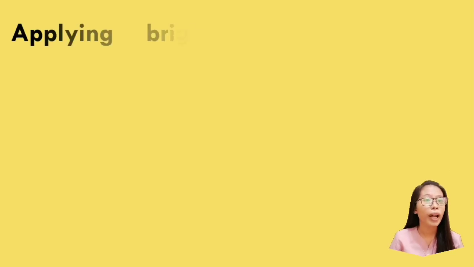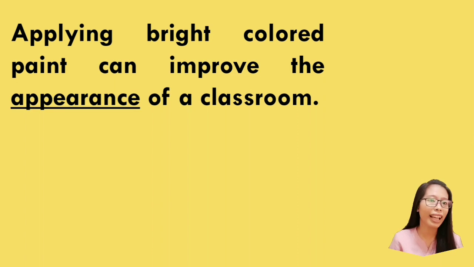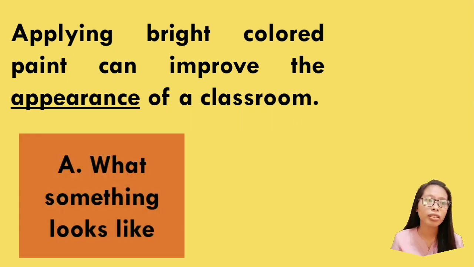The third one is, applying bright colored paint can improve the appearance of a classroom. The underlined word is appearance. Based on the sentence, what does the word appearance mean? Is it what something looks like?